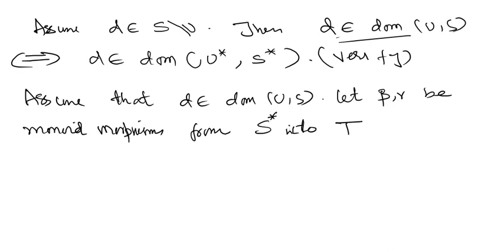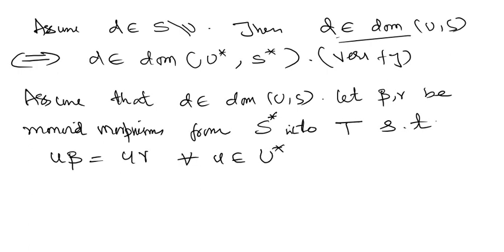क्योंकि आपको S star dominant of S star U star S star में आपको प्रूव T is a monoid here, such that U beta is equal to U gamma for all U in U star.